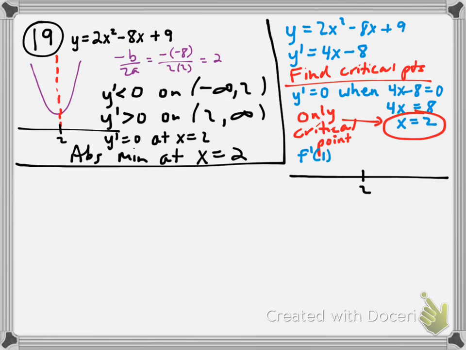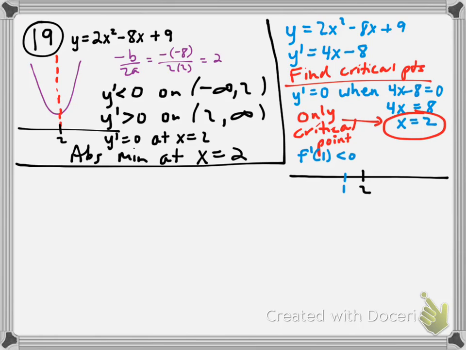F prime at 1, because 1 is to the left of 2, and so we're going to test f prime at a value of x to the left of 2. And f prime of 1 would be 4 minus 8, and 4 minus 8 is a negative number. Okay, negative 4.